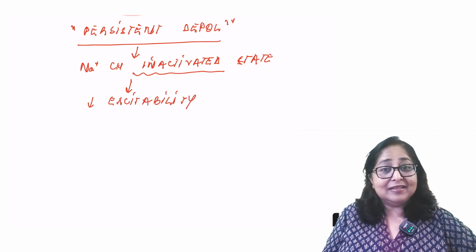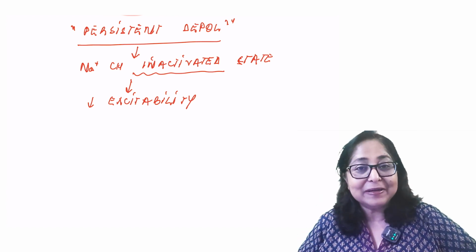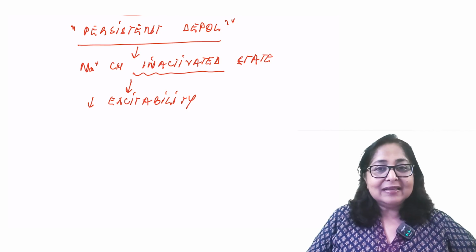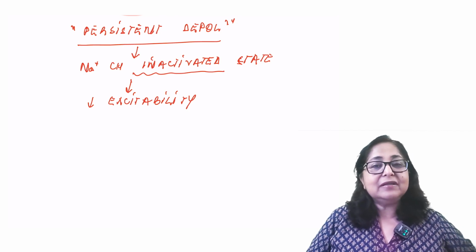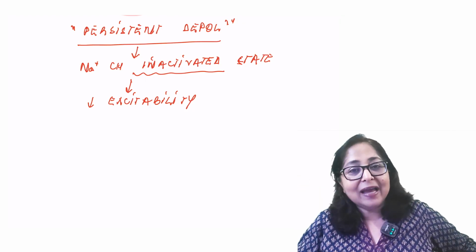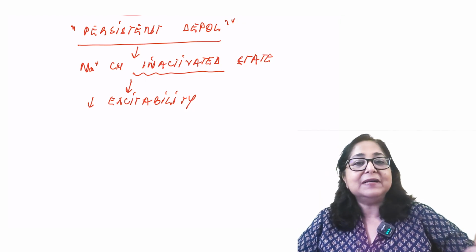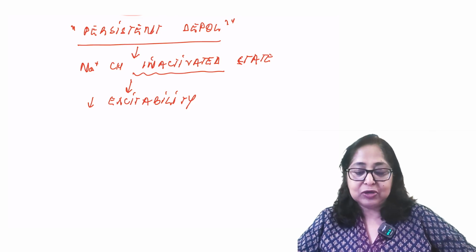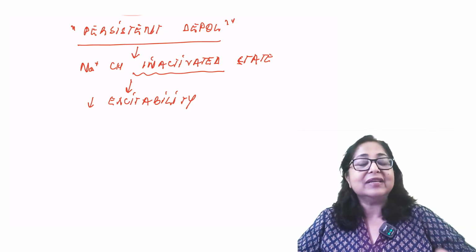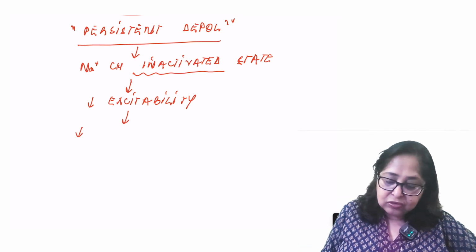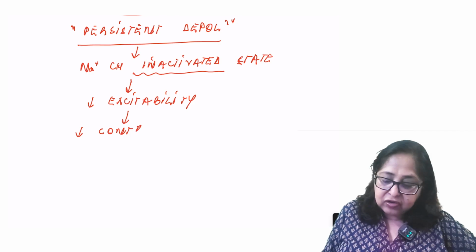The cell is depolarized, but there is a reduction in excitability. Mild to moderate hyperkalemia: cell is depolarized, increased excitability, arrhythmias. But in a severe hyperkalemia, cells are depolarized but in a persistent depolarization state, which causes a paradoxical decrease in excitability. If there is a decrease in excitability, there is also a decrease in contractility.